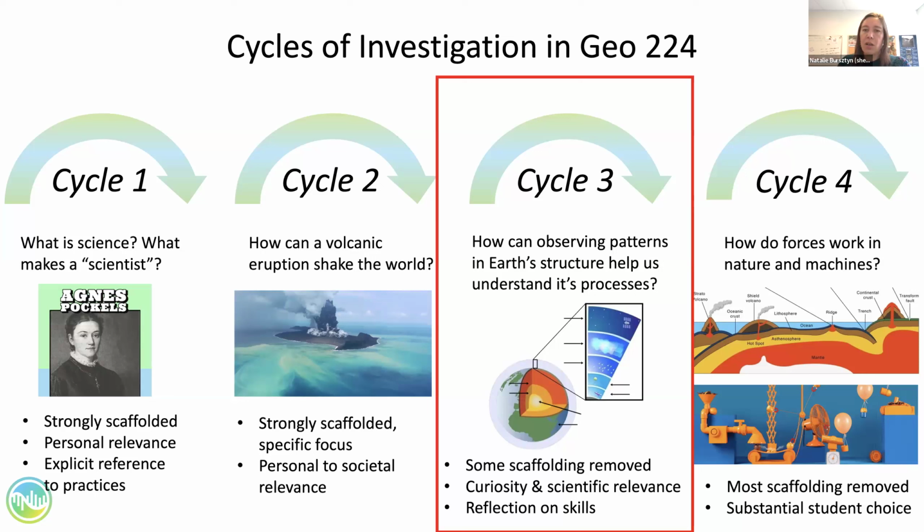How can observing patterns in Earth's structure help us understand its processes? So for this one, instead of using a world event as the anchoring phenomenon, I used a Next Generation Science Standards concept, which is patterns and structure and function. And then the third unit, the final unit, and cycle 4 in our course, answers the question, how do forces work in nature and machines?